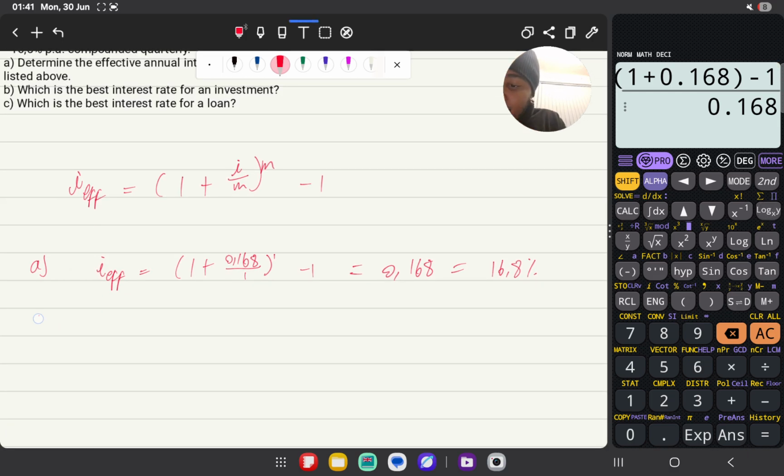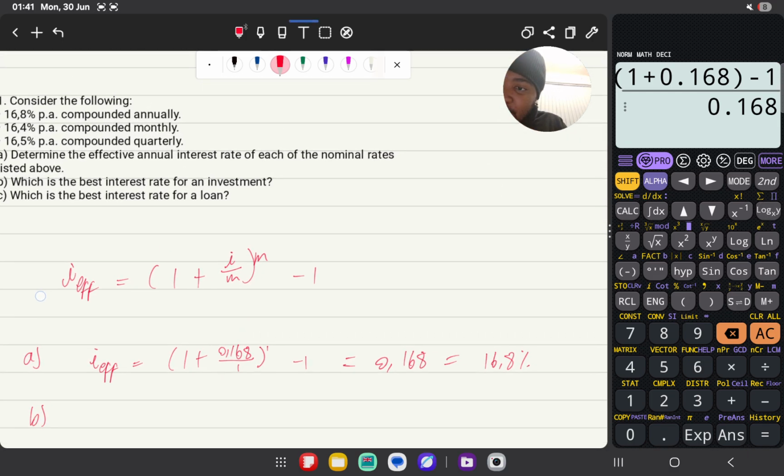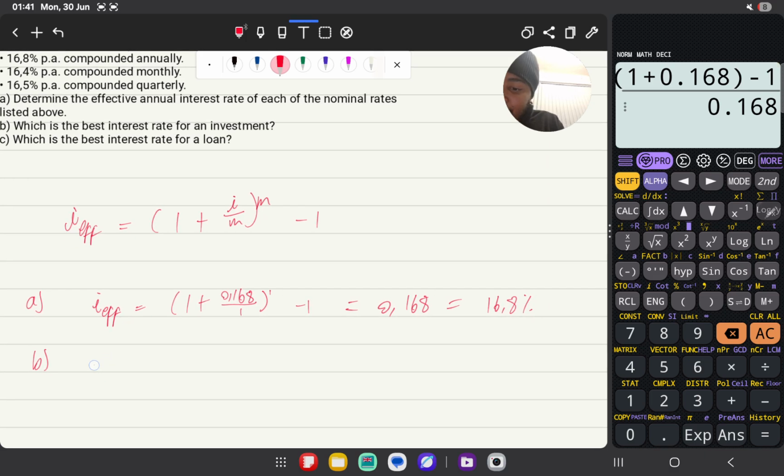Let's do number 2. B, we have 0.164, monthly, so 12, minus 1.